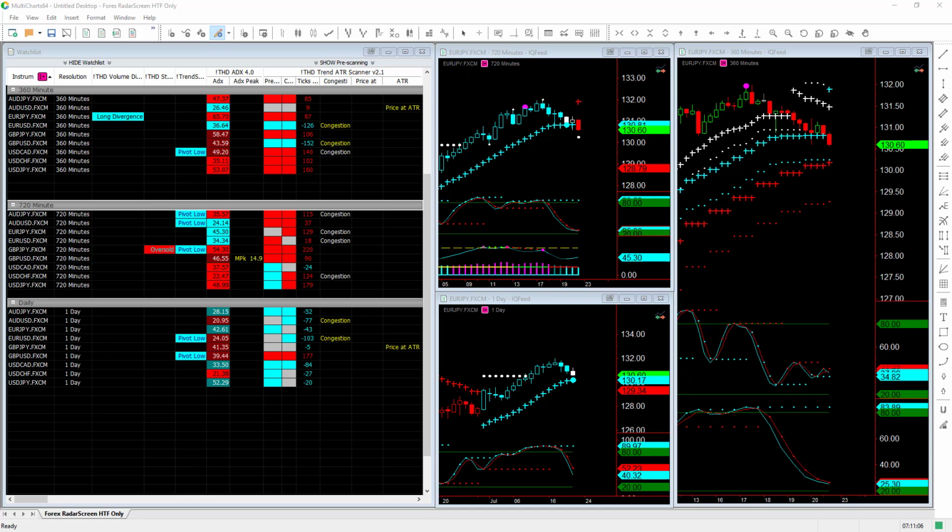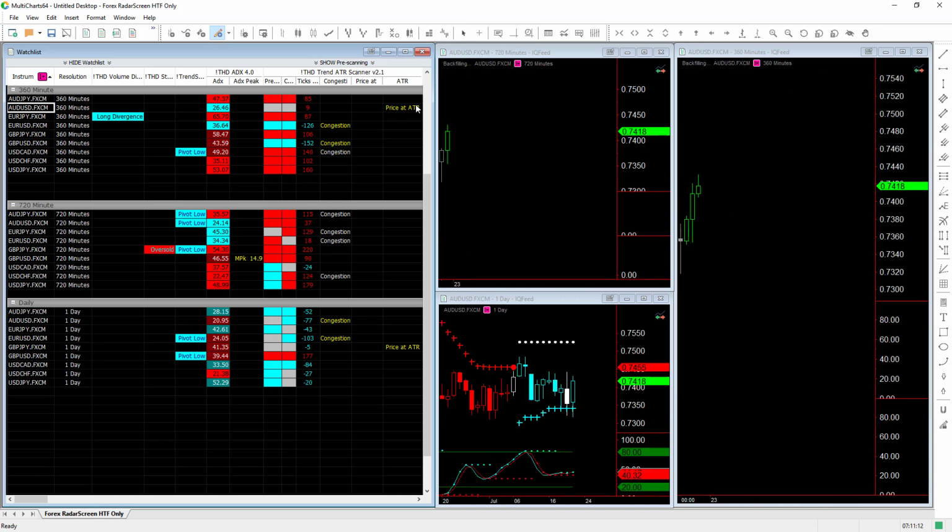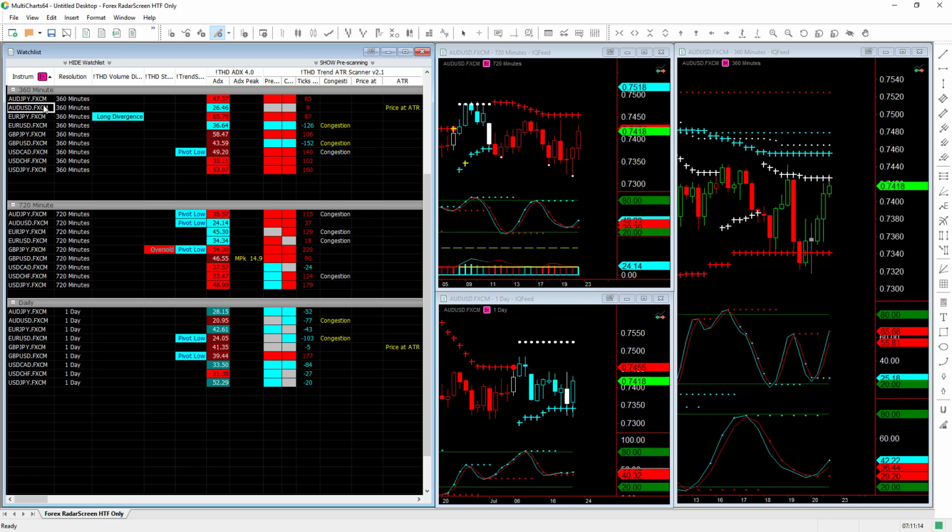Now the next one that I would potentially want to look at would be the Aussie dollar, simply because it's at an ATR on the 360-minute chart. In this case you can see that you have both the blue and the white ATR above price, and price is currently at the ATR.